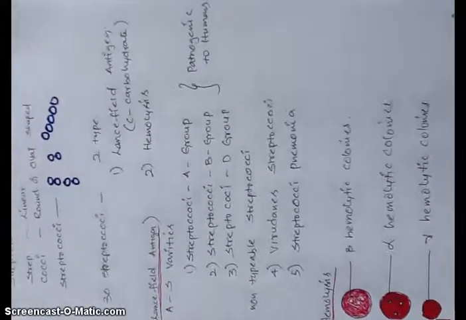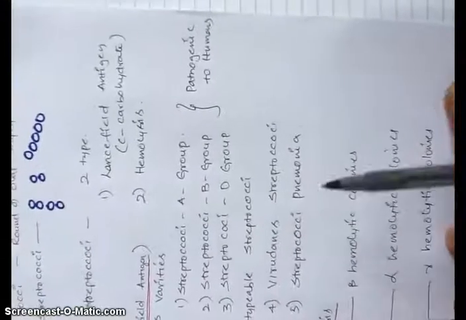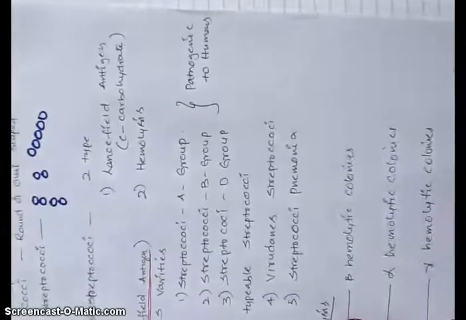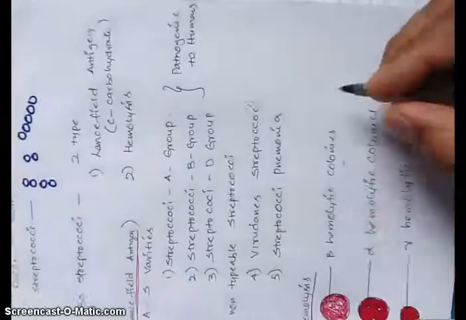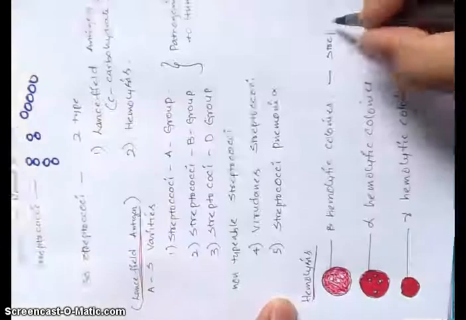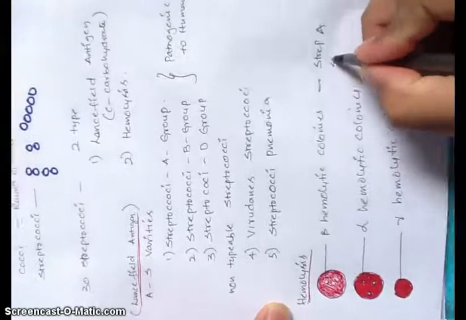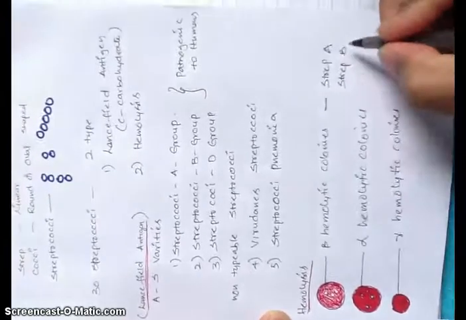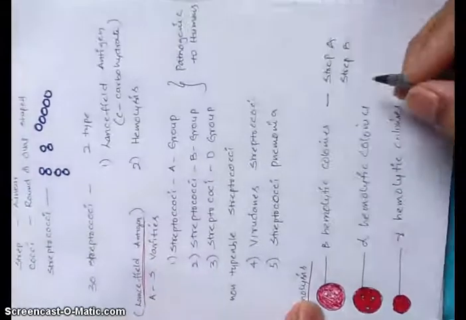So coming to our Streptococci classification depending upon hemolysis: as per Lancefield classification, we have A, B, D, viridans streptococci and Strep pneumoniae. These 5 groups cause infection in humans. Strep A and Strep B are beta hemolytic.